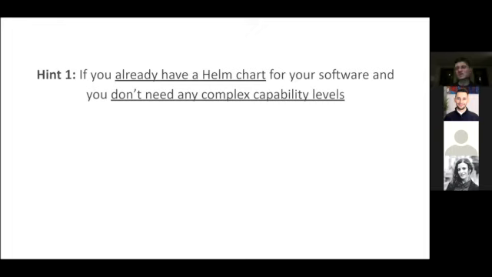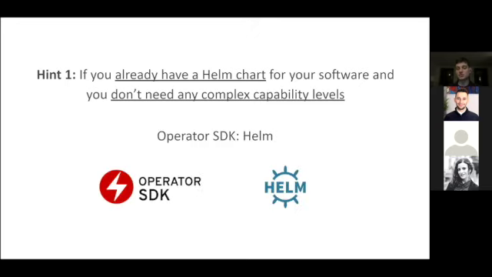If you already have a Helm chart for your software and you don't need any complex capability levels, then use Helm. That is what we did with Hazelcast. We didn't need any complex features. We had a Helm chart, so we generated an operator from Helm.